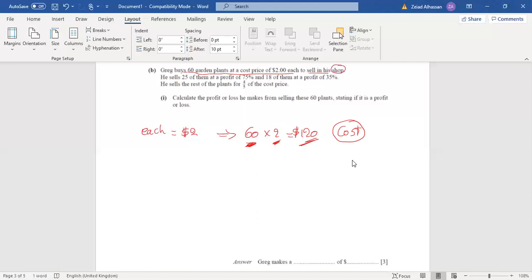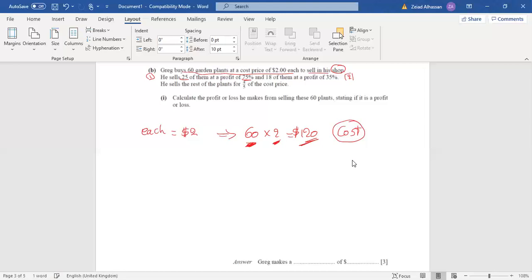Of course, when he sells something, he has to add some profit, right, people? That's the logic. Now he sells 25 of them at a profit of 75%. This is stage number 1. And 18 of them at a profit of 35%. This is stage number 2.